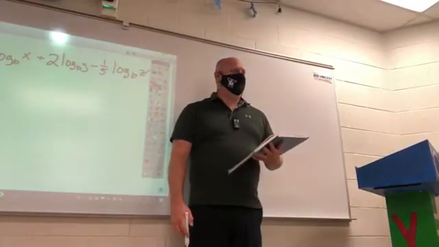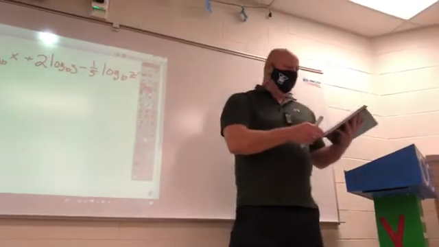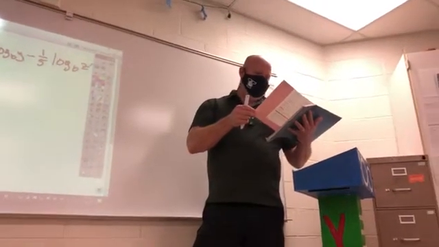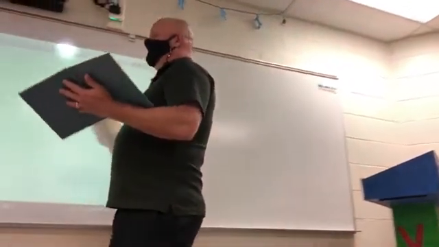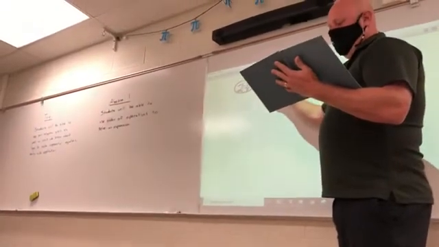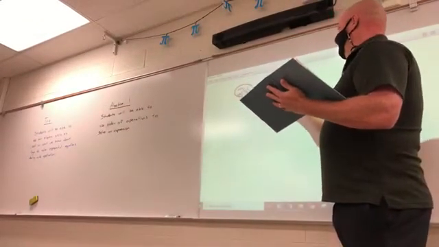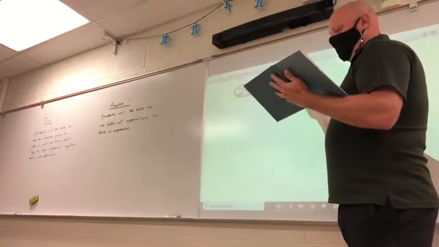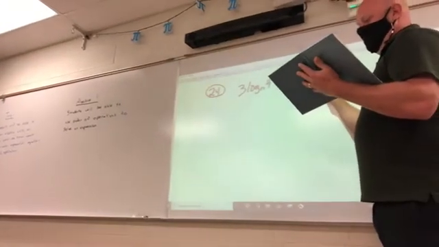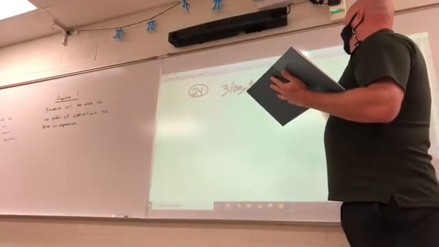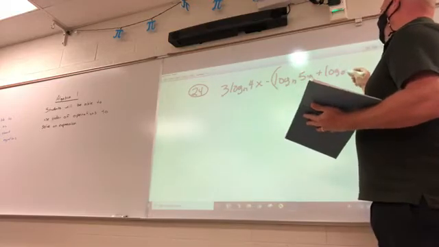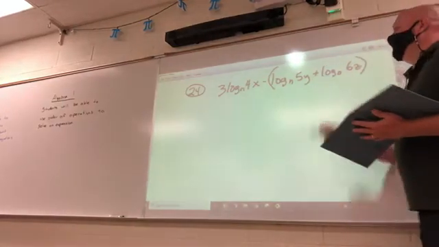Easy enough? There's also going to be the opposite versions, like number 24, right? Where they give you 3 log base n of 4x minus log base n 5y and log base n of 6z.